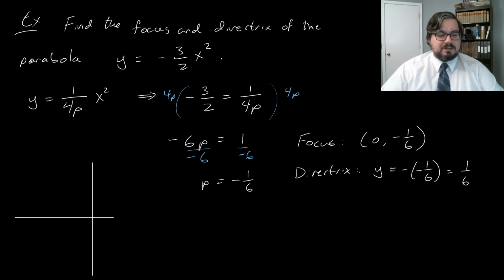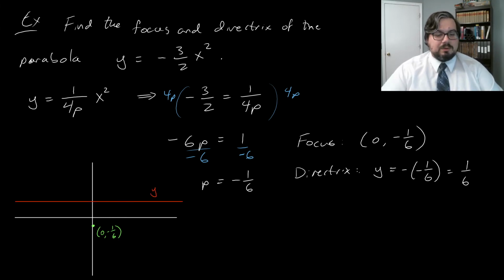Graphing out this situation, we're in the second case that we had last time, on the last slide. We've got the point (0, negative 1/6), we have the line y equals 1/6 as the directrix, and then the parabola itself opens downward like this.